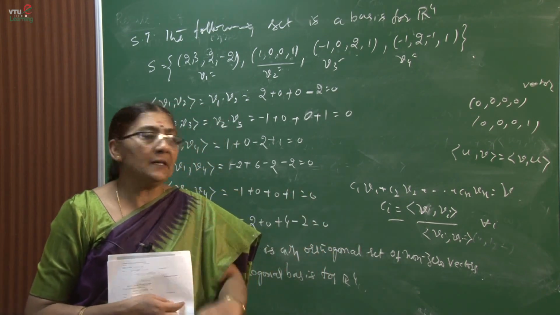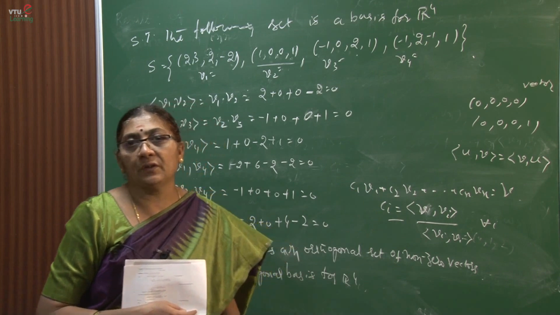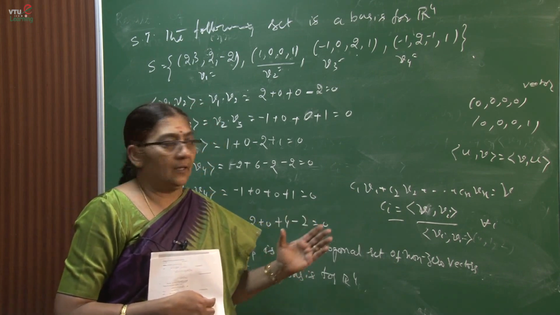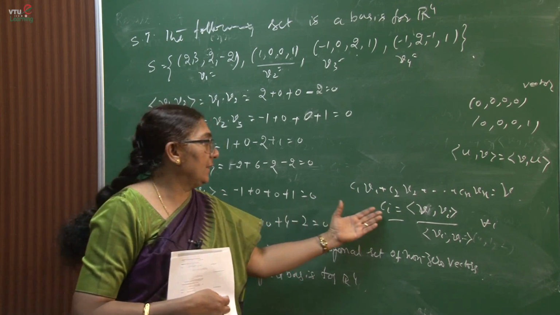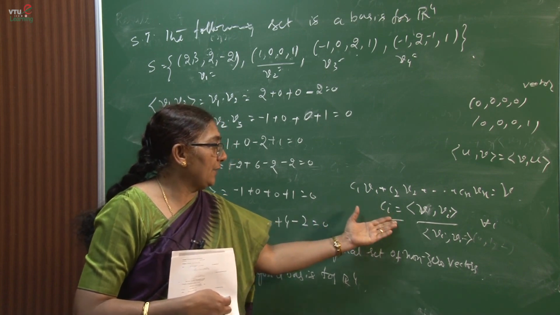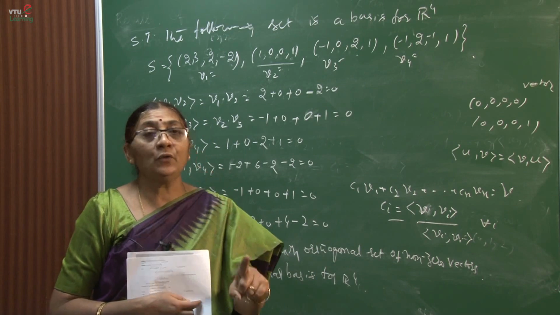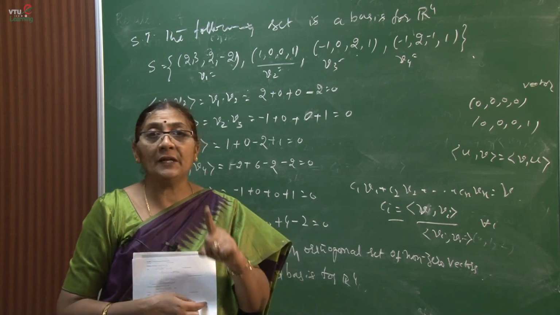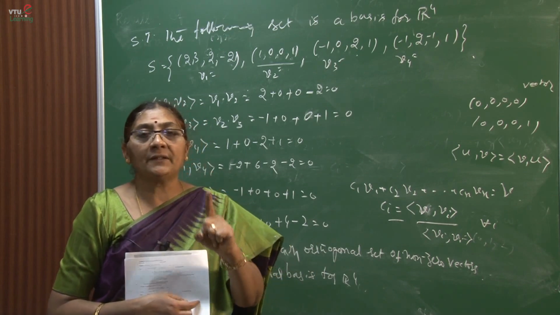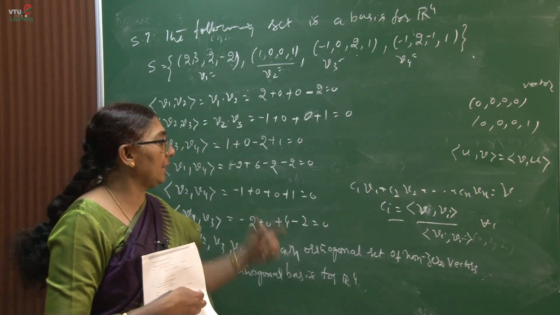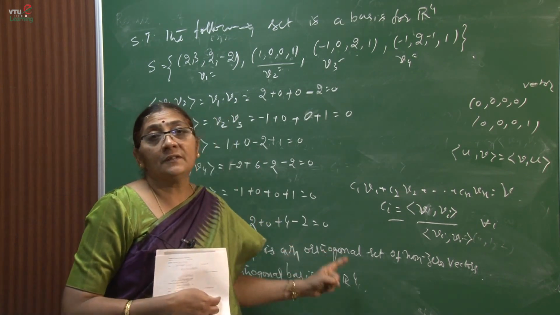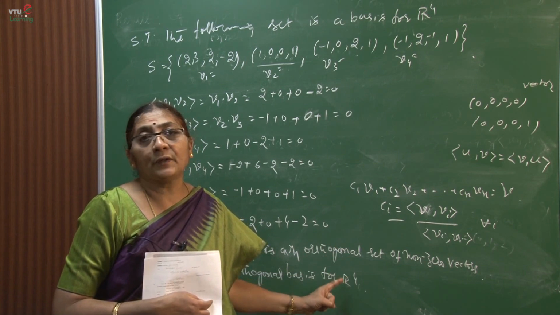Suppose you have to express any vector as a linear combination. These values are found using this formula. Keep in mind, if we want to use this formula to express any vector as a linear combination of a set of vectors, those vectors must form an orthogonal basis.